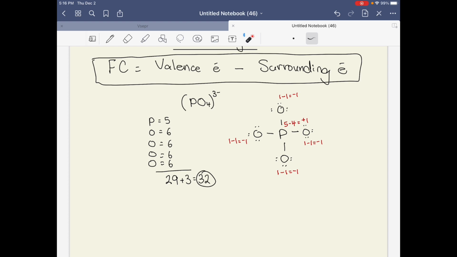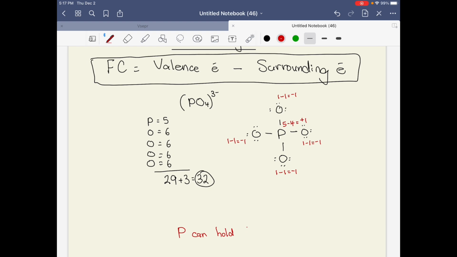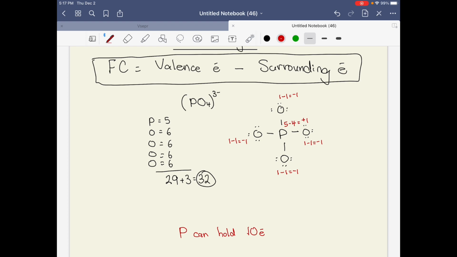There's something that you can do to make this better, the one that really exists. However, in order to do that, you need to know one piece of information about phosphorus: phosphorus can hold, or be surrounded by, 10 valence electrons.